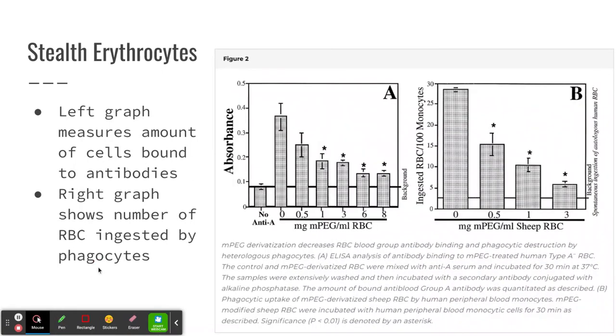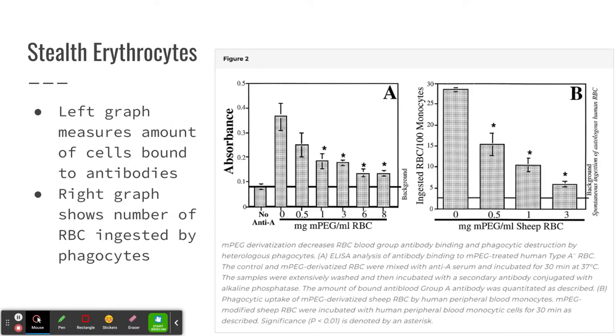Okay, so the next image here, the graph on the left measures the amount of cells bound to antibodies. So again, the higher the PEG, the further right on the graph, the less antibodies that were bound. On the right, we have the number of red blood cells that were being ingested by phagocytes.